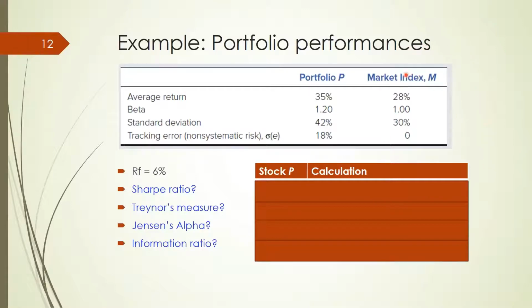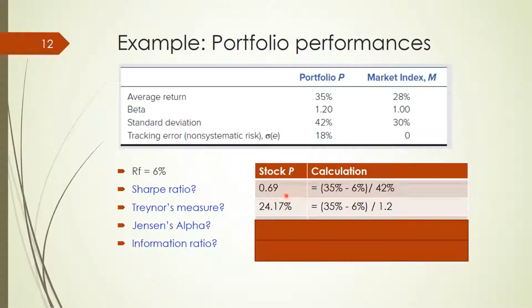We also have the parameters for the market index M, and the risk-free rate is 6%. Let's start with calculating the Sharpe ratio. The Sharpe ratio is the excess return over standard deviation. The excess return is 35% minus 6%. The standard deviation is 42%, so our Sharpe ratio is 0.69.